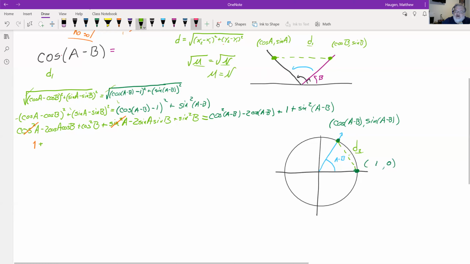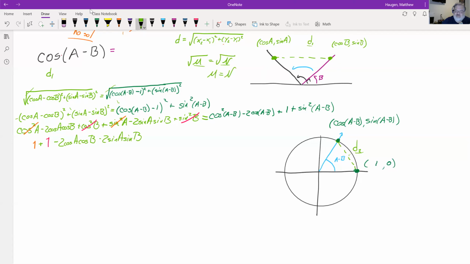Well, what about cosine squared b plus sine squared b? That's also 1. So those immediately go away. Okay, we're stuck with the minus 2 cosine a cosine b and the minus 2 sine a sine b.